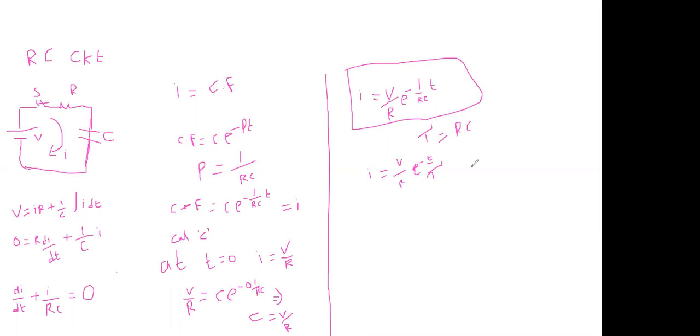Then if you draw the graph of current versus time constant, tau equals RC, with time on the x-axis and I on the y-axis, the graph is like this.